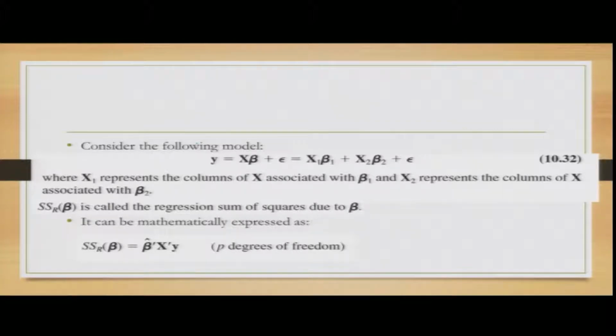So, the sum of squares R for the residuals, which is beta, is called the regression sum of squares due to beta, and obviously you will have a sum of squares considering the error part, where the suffix will be capital E. It can be mathematically expressed as the sum of the squares for the betas being equal to beta hat transpose, so it was basically a column vector, it will now become a row vector, multiplied by x transpose y.